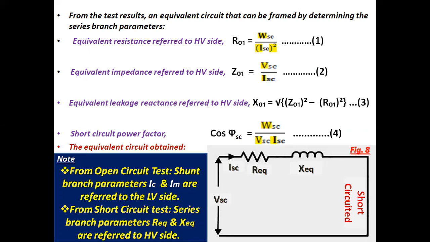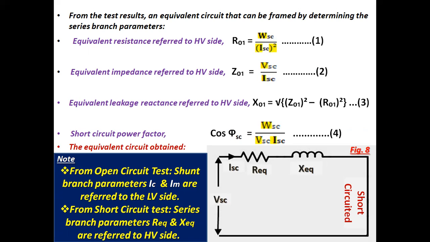From the open circuit test, shunt branch parameters IC, that is the core loss component, and IM, the magnetizing component, are referred to the LV side.